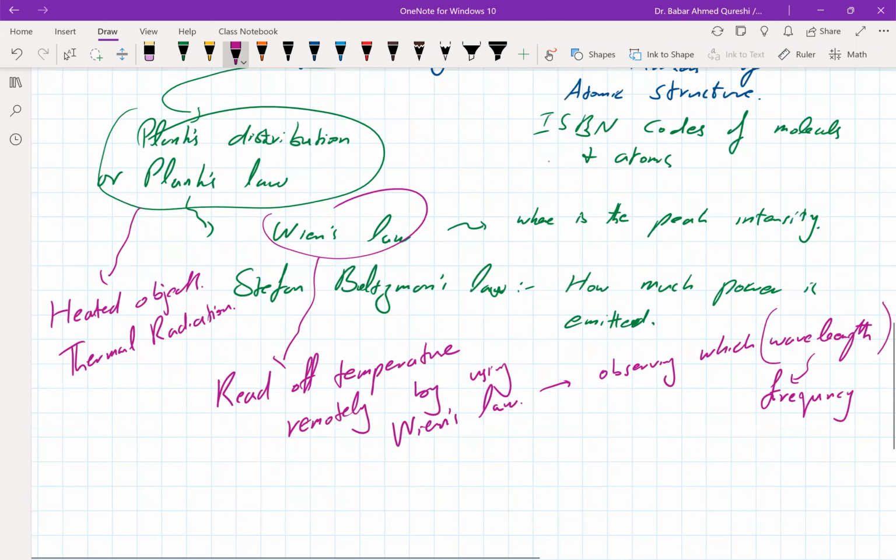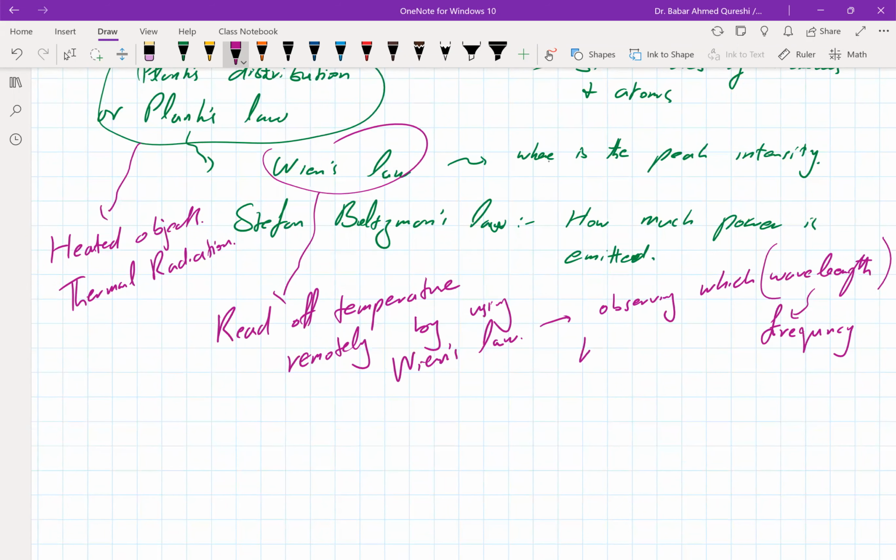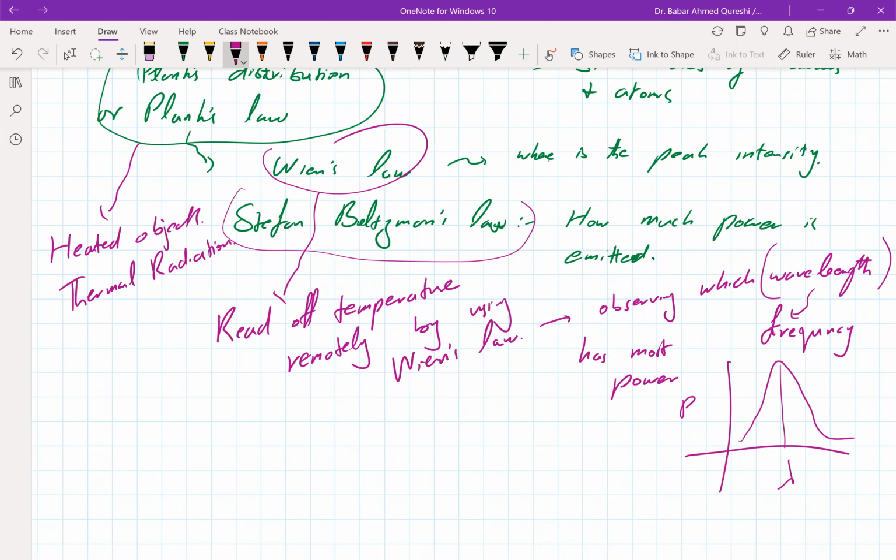So if I draw power here and wavelength here, there's some peak. And that tells us what must be the temperature of the body emitting it. And once you know the temperature, the Stefan-Boltzmann law also tells you how much power is coming out. So these give us a handle.